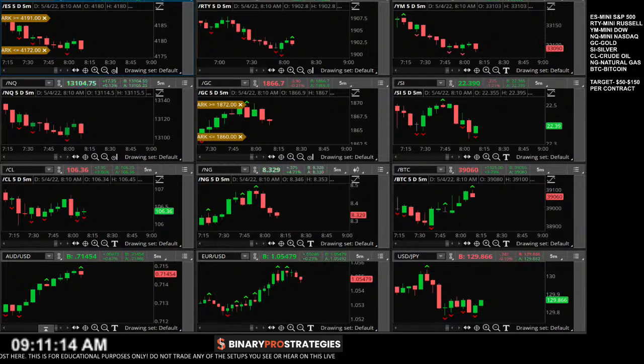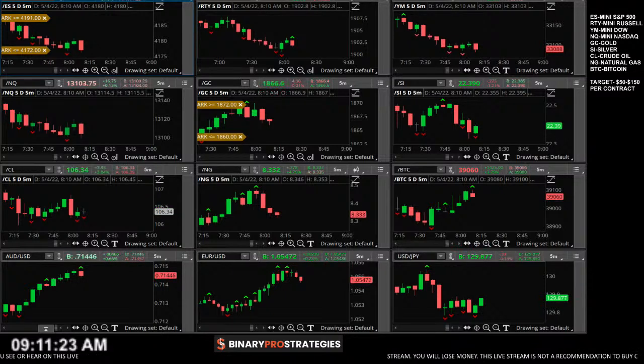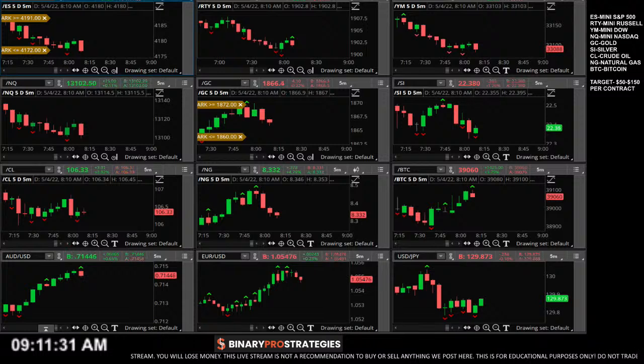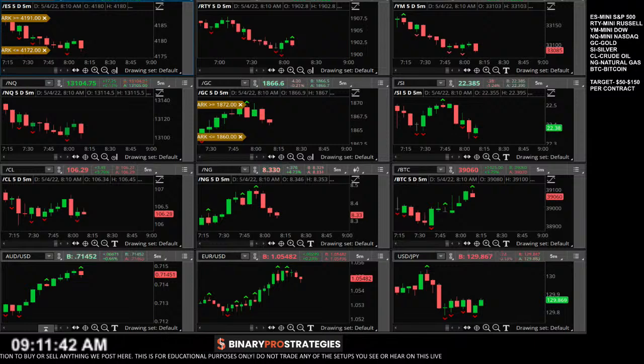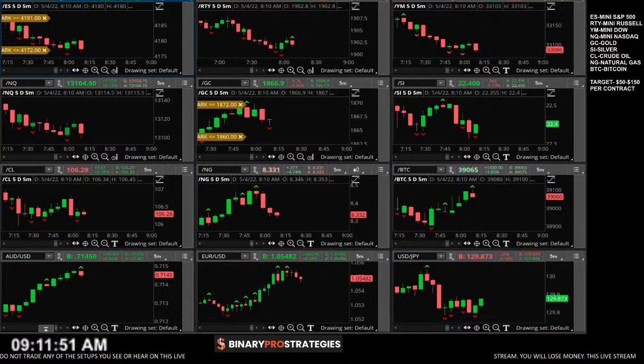Getting a short on the crude oil now. Entry on crude is going to be anything above 106.25. We're sitting at 32. Target on the crude oil is going to bring us down to 105.85.